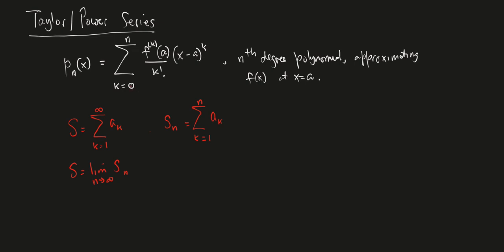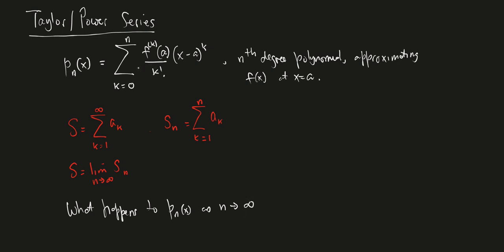We're starting at a certain value of k, we're going up to n, and the big question now is, what happens to p sub n of x as n goes to infinity, right?